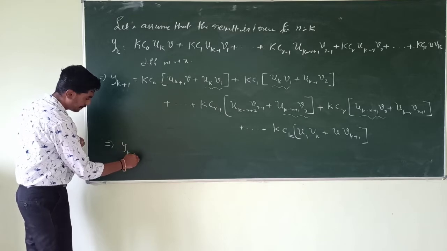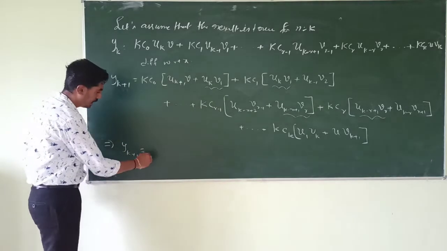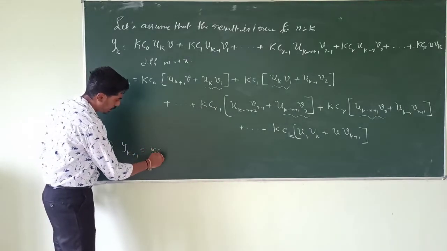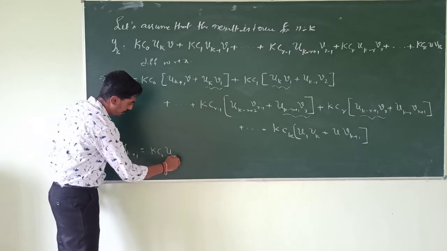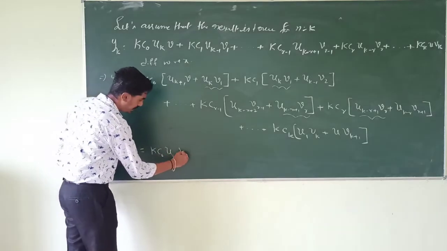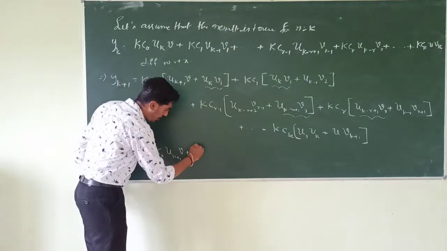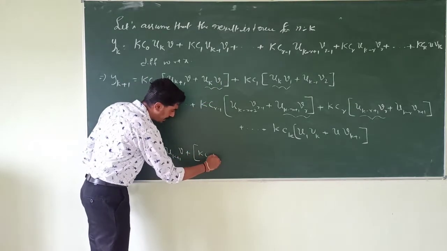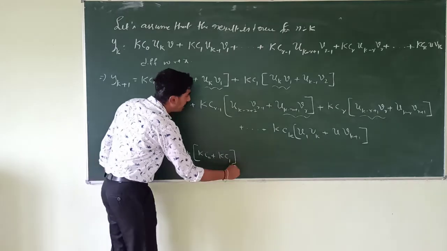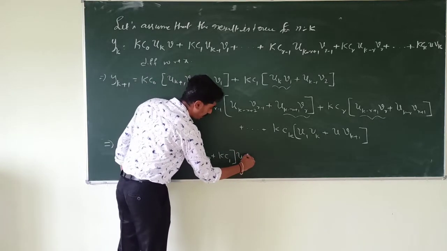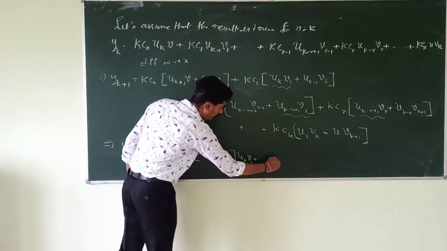yk plus 1 is equal to kc0 into uk plus 1 v plus, I am taking these two as common, I get kc0 plus kc1 into uk v1 plus and so on.